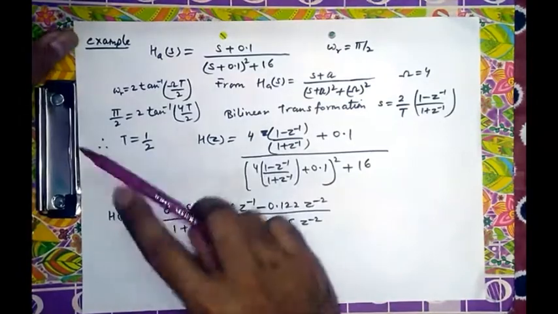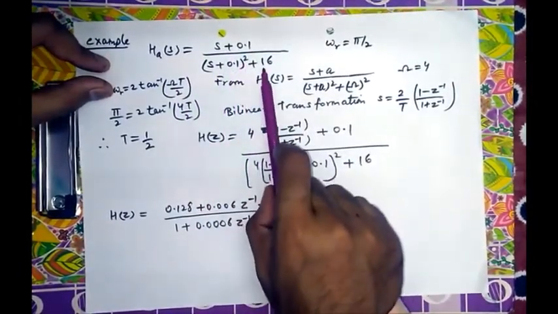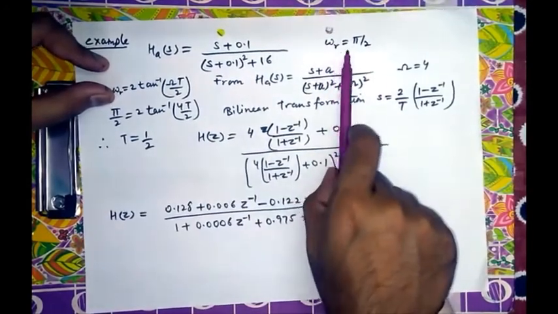Now an example. Suppose H(s) is given as (s + 0.1)/((s + 0.1)^2 + 16), or 4 squared, with resonant frequency omega r given as pi by 2.